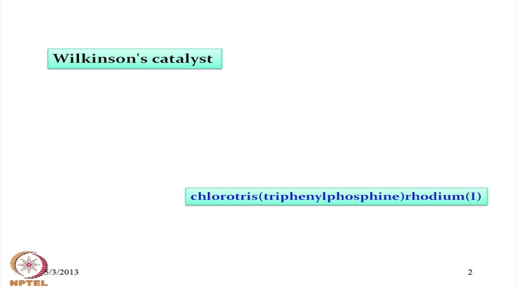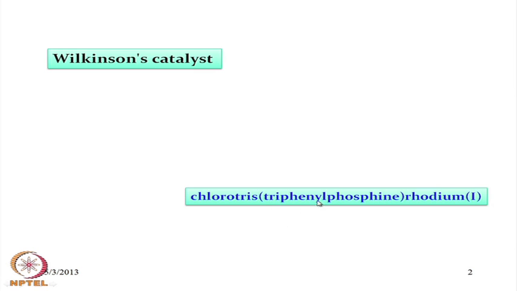Just now we have seen one example where palladium was present as palladium 0. That was tetrakis(triphenylphosphine)palladium(0), and we started from palladium chloride, that means PdCl2. As an intermediate product we got PdCl2(PPh3)2, that means 2 triphenyl phosphine and 2 chloride groups added to the palladium center, where the palladium oxidation state still remains +2.